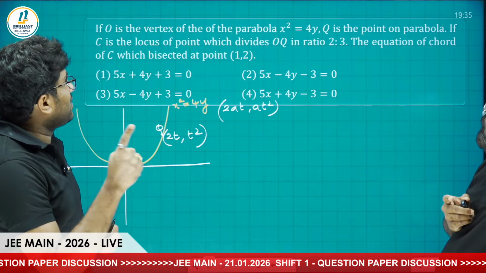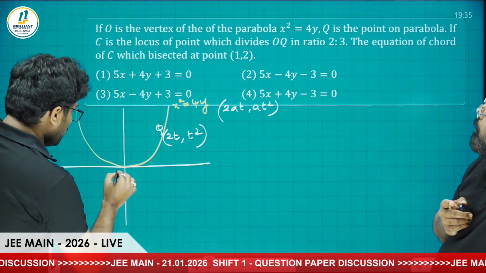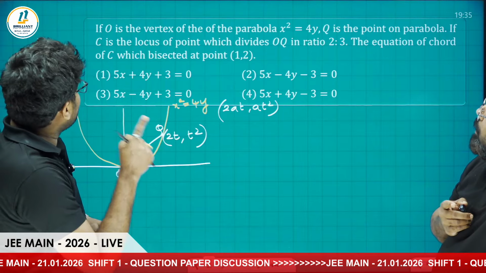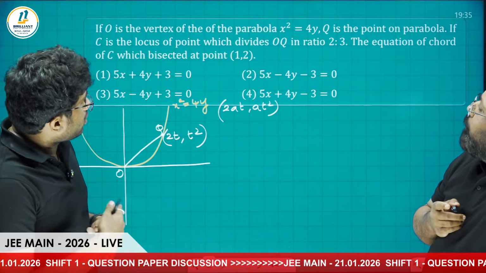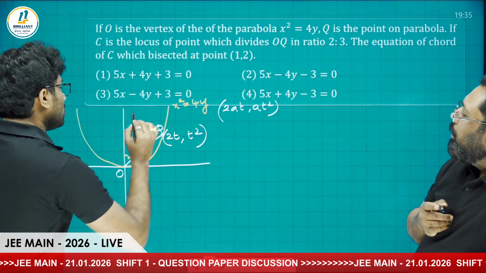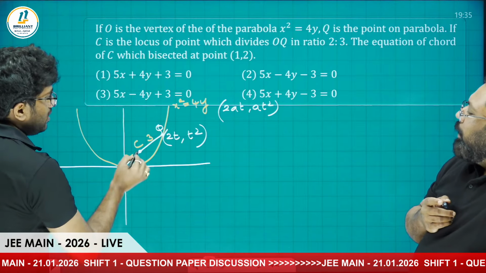If C is the locus of a point which divides OQ, where O is the origin and OQ is a line segment, in the ratio 2:3, that means OC by CQ is equal to 2/3. We need the locus of this point. Whatever point they are asking about to find the locus, we take it as h comma k.